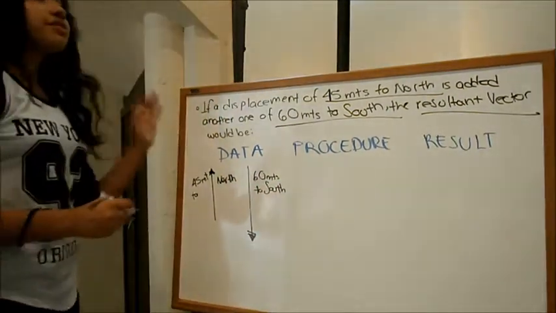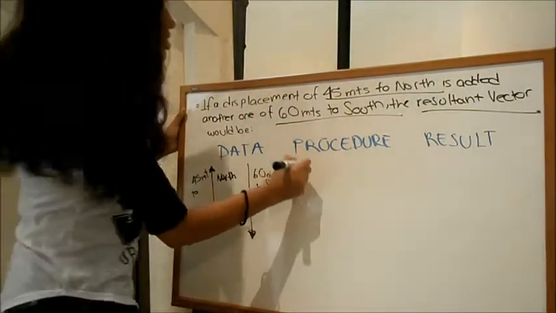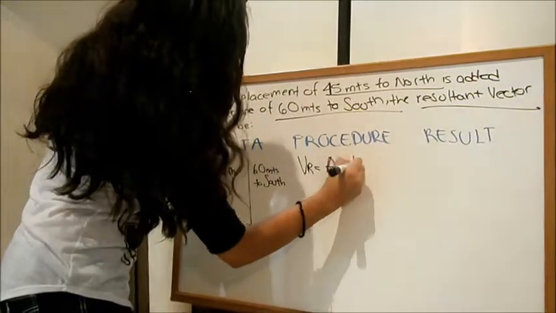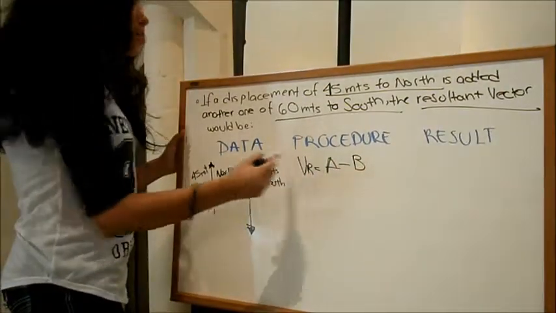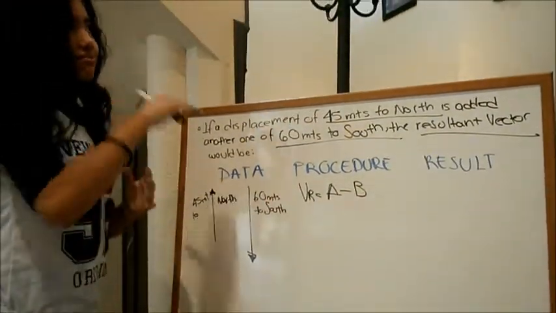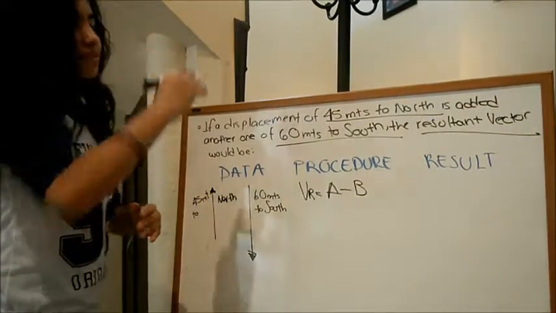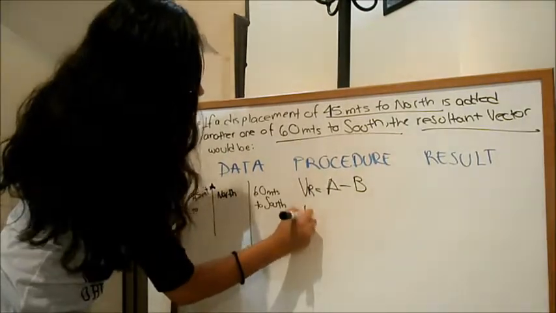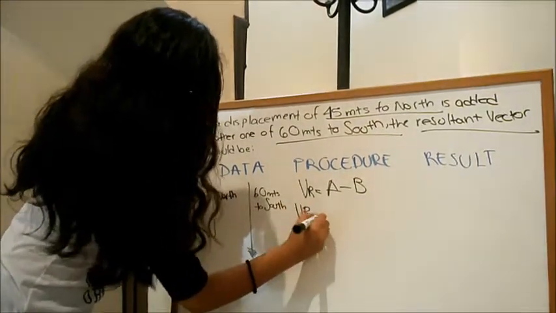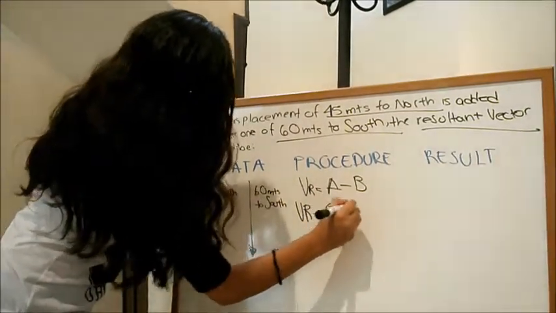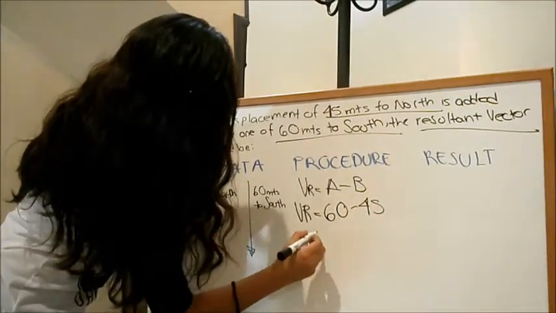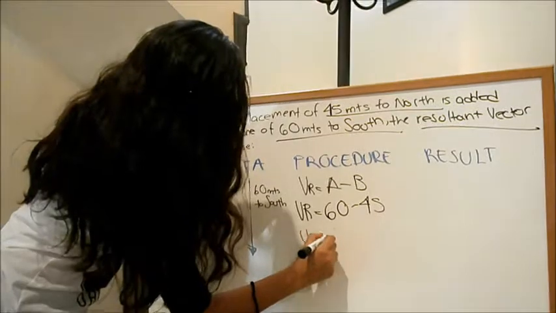Here the procedure just changes a bit. To obtain the resultant vector of this, we just have to subtract A minus B. That means A will be the vector with the biggest amount of meters. So we have to do it like this, 60 minus 45, and the resultant vector will be 15.